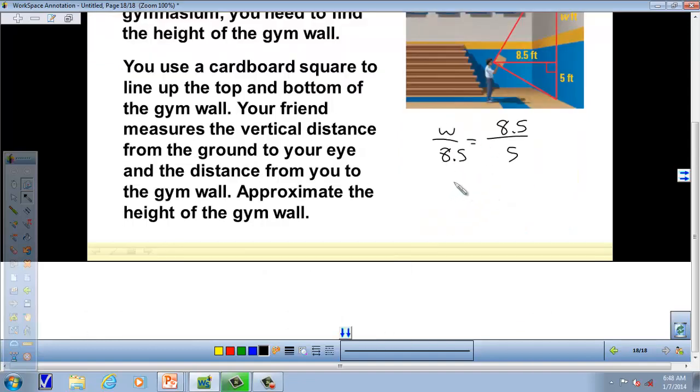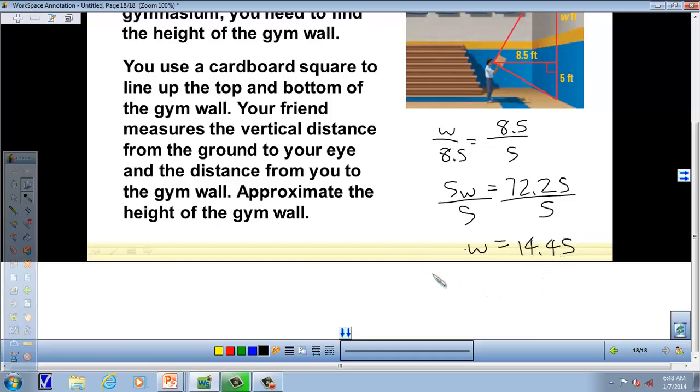If we cross multiply, we get 5W on one side, and on the other side, I'm going to need my calculator. We get 72.25. Dividing both sides by 5, W equals 14.45.